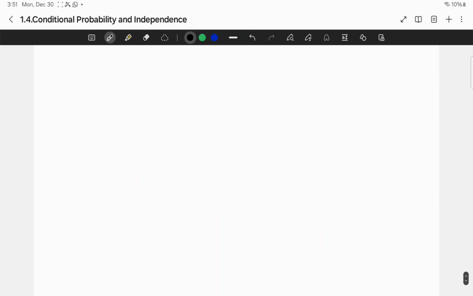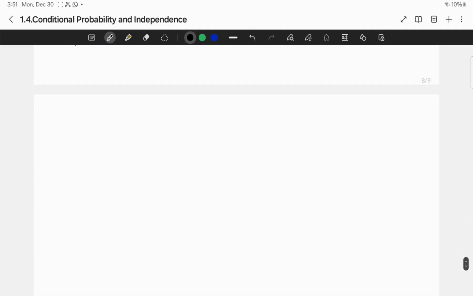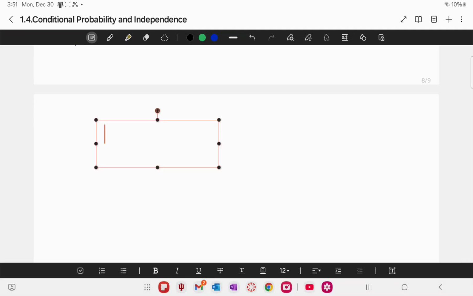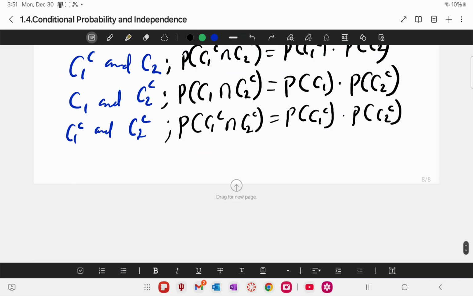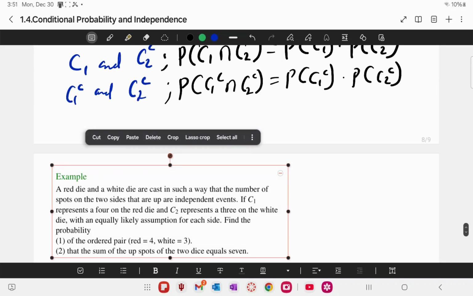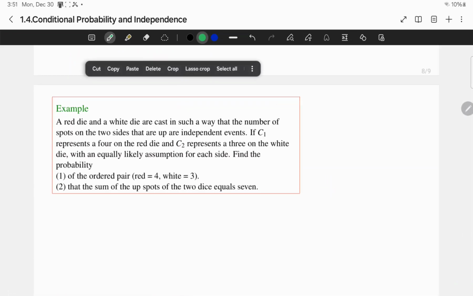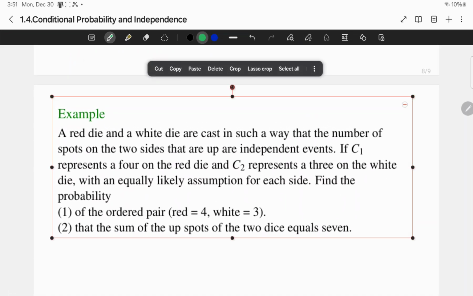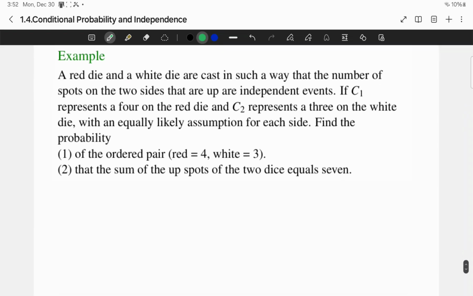Look at this beautiful example. A red die and a white die are cast in such a way that the numbers of spots on the two sides that are up are independent events.